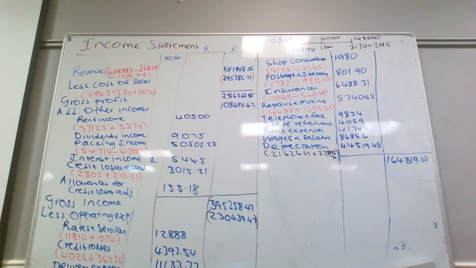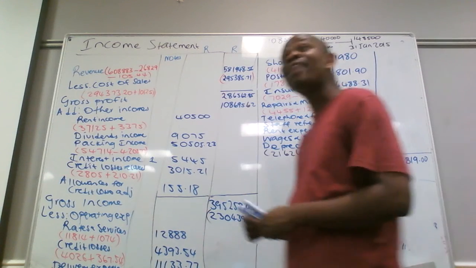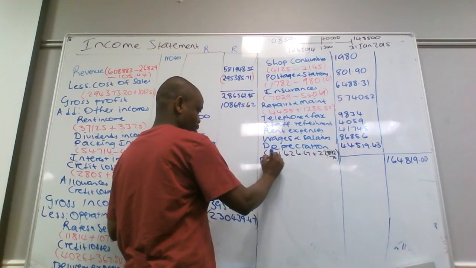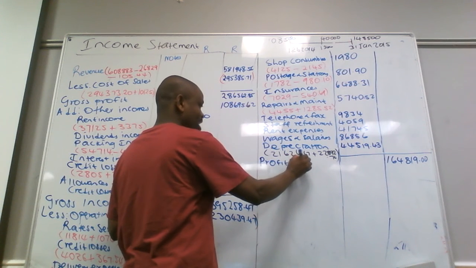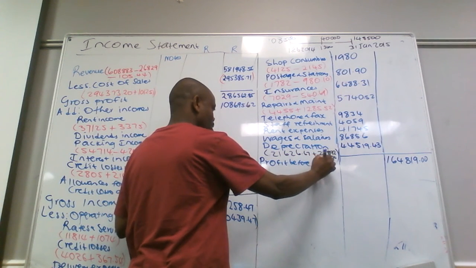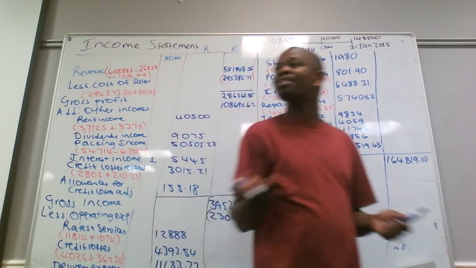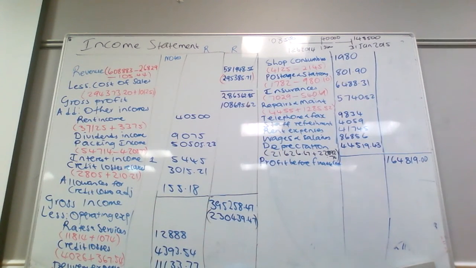If it's positive, it's called profit before finance cost. Guys, finance cost is the same as interest expense. So some of you can say profit before interest expense. If it was a negative, you will say loss before finance cost.